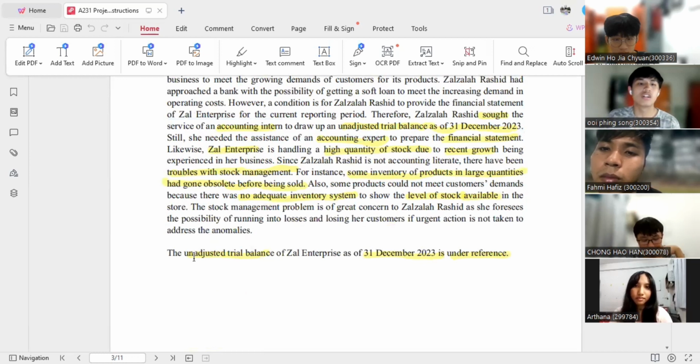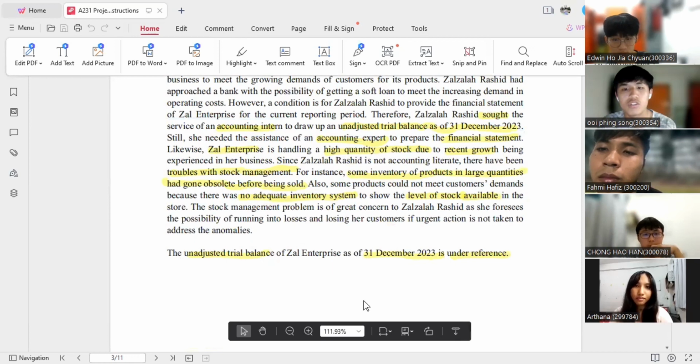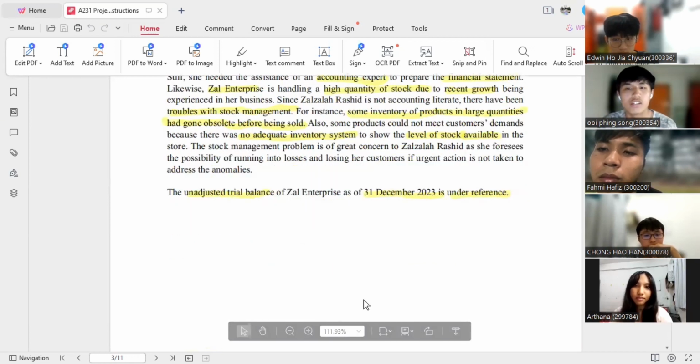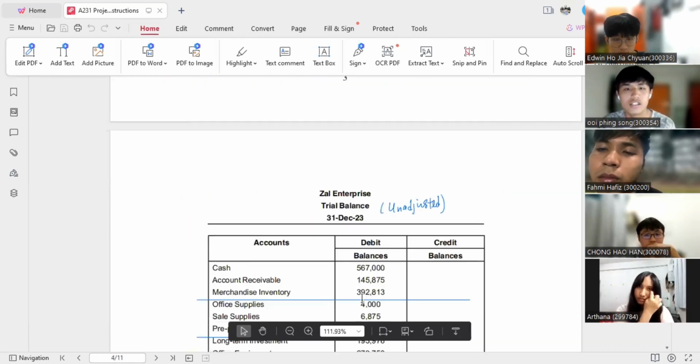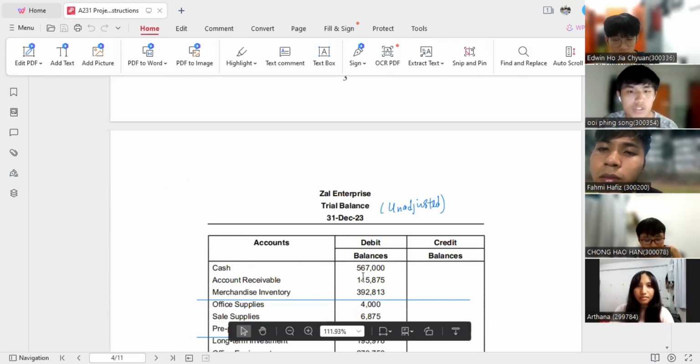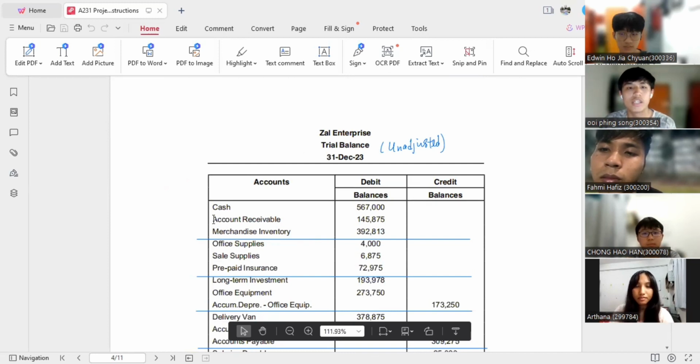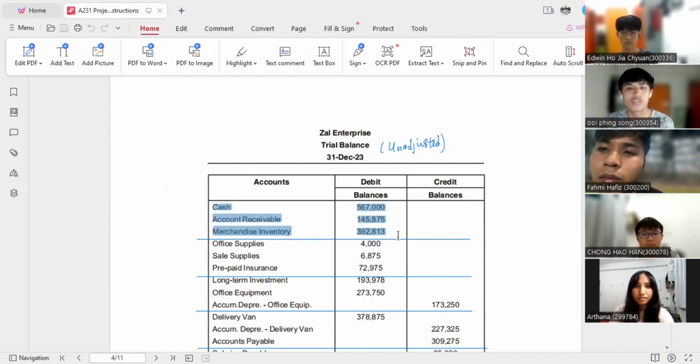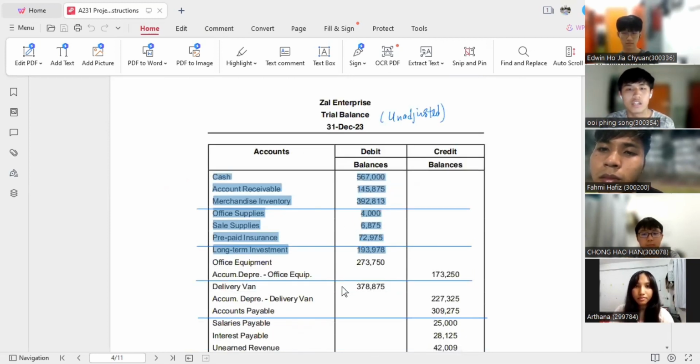And the unadjusted trial balance of Zai Enterprise as of 31 December 2023 is under reference, and this is its components, and I'll draw a line for each three accounts.